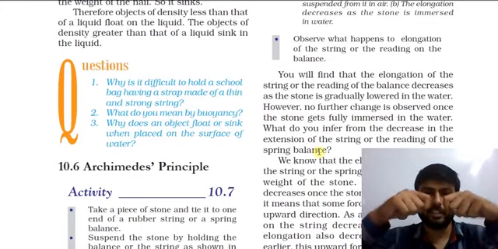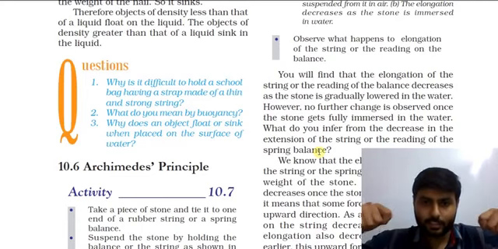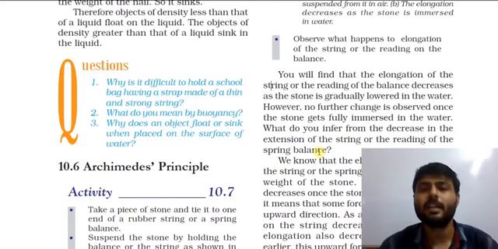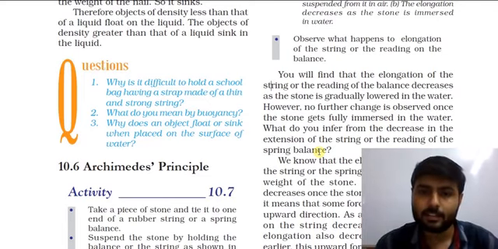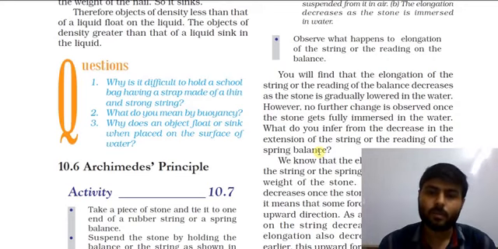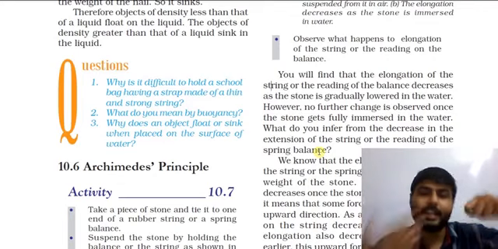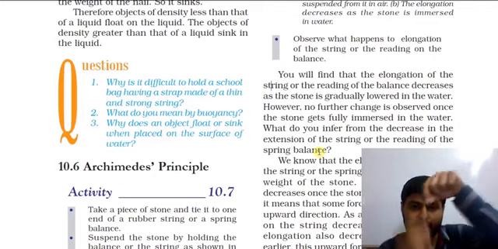If we want to stretch it, we do it like this, in opposite directions, and if we want to shrink it, we do it like this. In this experiment, this string will shrink. So what will happen? There should be some force in the upward direction.